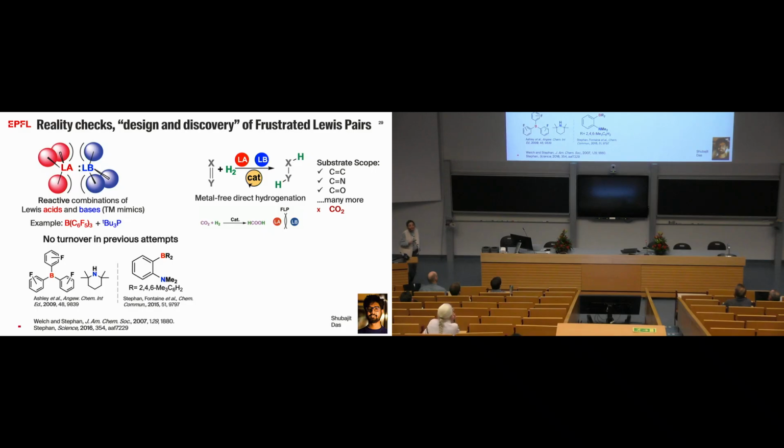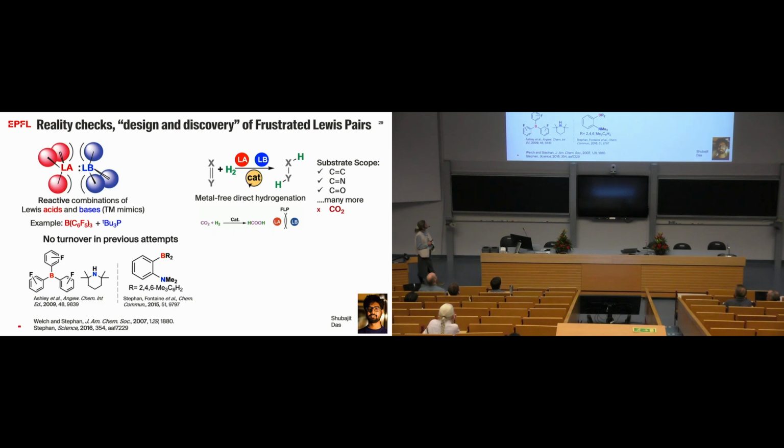And for which example, I picked this example that was basically driven forward by Shubhajit Das, a former postdoc in my lab, on frustrated Lewis pairs. There will be some reality check and some design. Finally, we design. And the big fish in the field of frustrated Lewis pairs is Douglas Stephan at the University of Toronto.